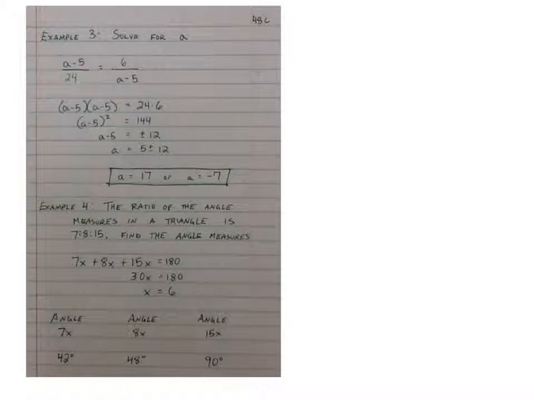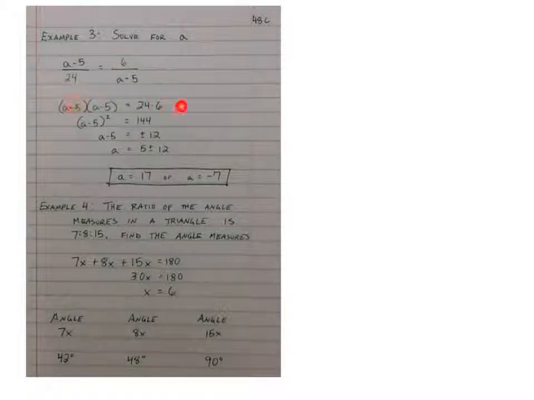Our last two examples are on page 48C. Example 3, solve for a. And we have a proportion here of a minus 5 to 24 is equal to 6 to a minus 5. And what we can do is use the cross products property. So a minus 5 times a minus 5 is equal to 24 times 6.